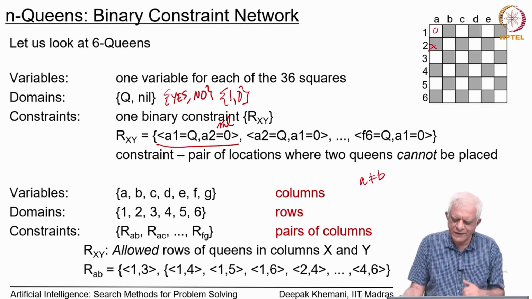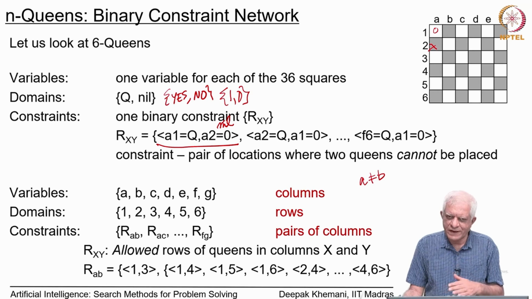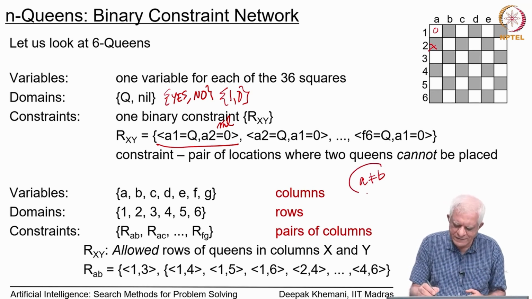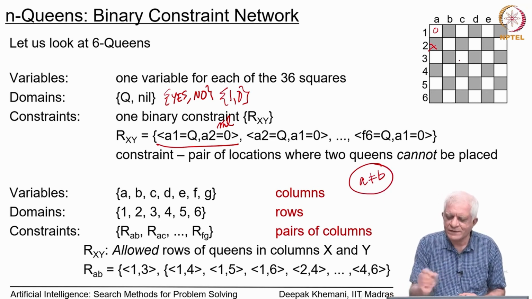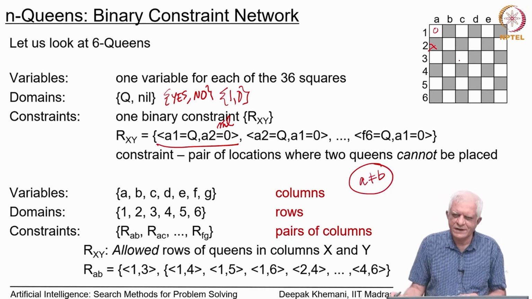Remember, the value of A is a row and the value of B is also a row, and you are saying that the rows cannot be the same. So this intentional expression simply says that you cannot place queens in the same row on the chessboard.